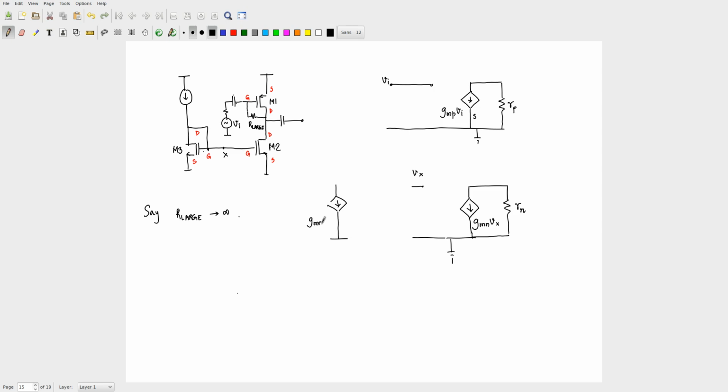So I am going to call this GMN times, what is the voltage? Again Vx. And then what else does this guy have? The current source becomes an open. Very good. And this drain-gate short, this is drain and this is source. So this Vx has to get connected all the way up to there.